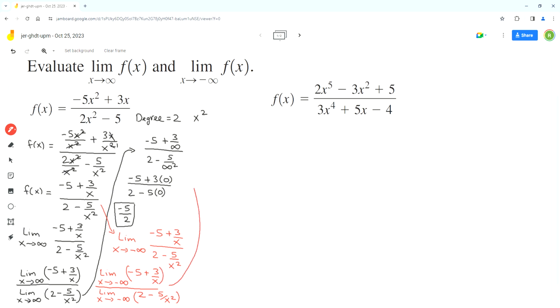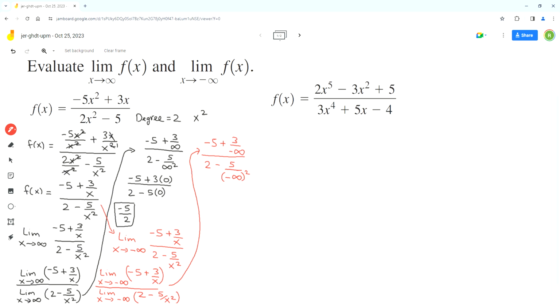Now we can apply the limit. So we get negative 5 plus 3 over negative infinity, over 2 minus 5 over negative infinity squared.